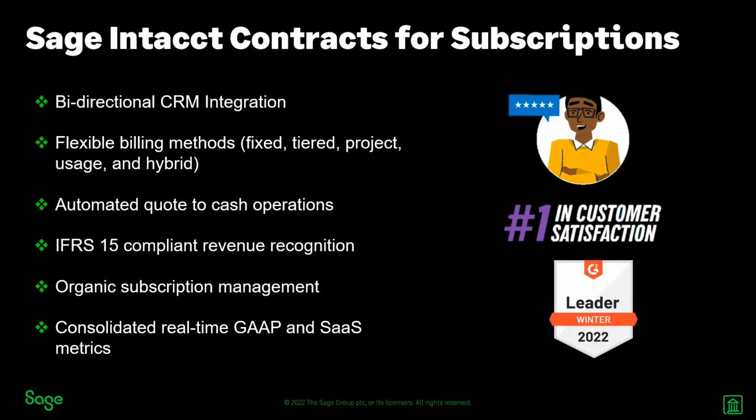And that flow is why Sage Intacct is considered by G2, amongst other review sites, as the number one tool for mid-market organizations from a cloud financials and subscription billing perspective.